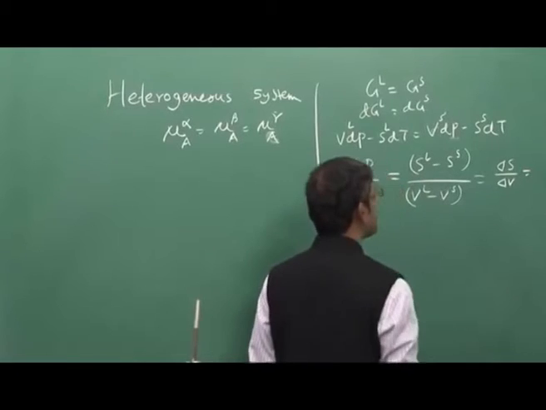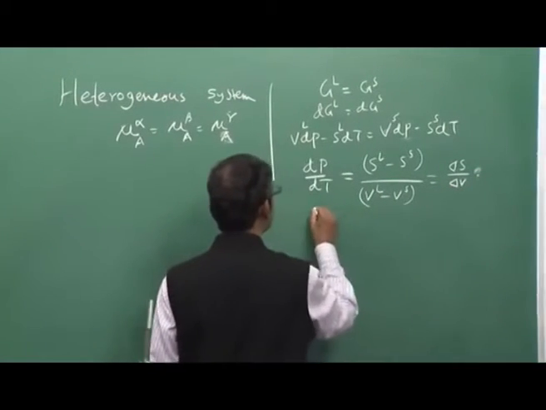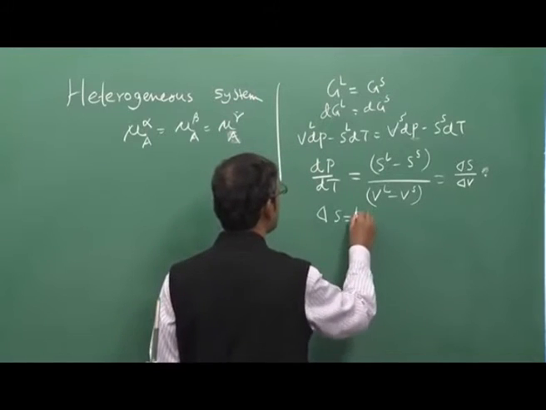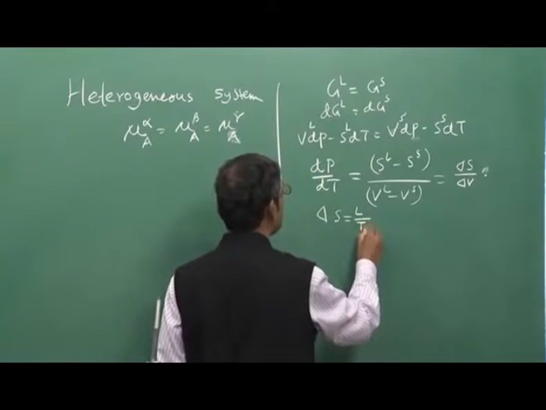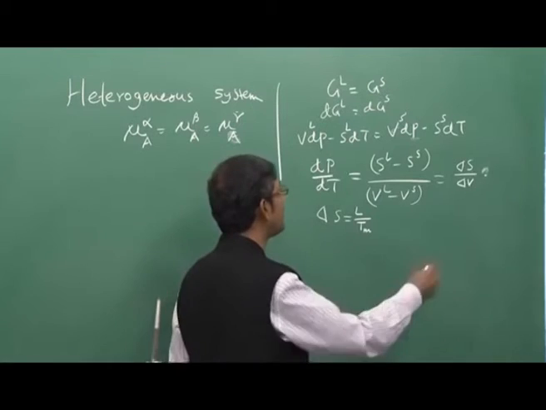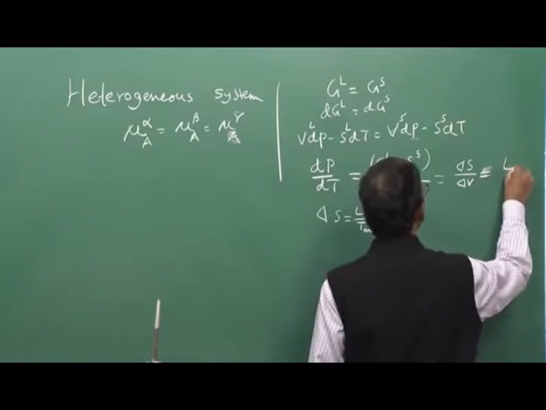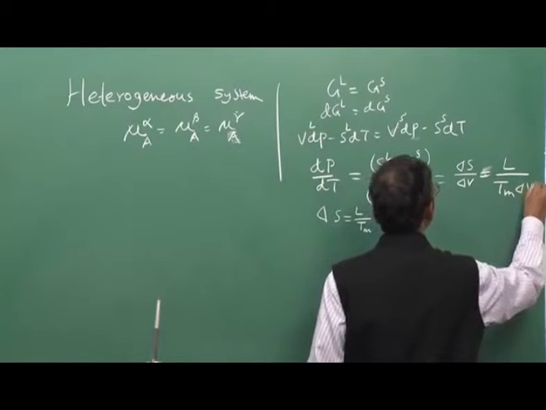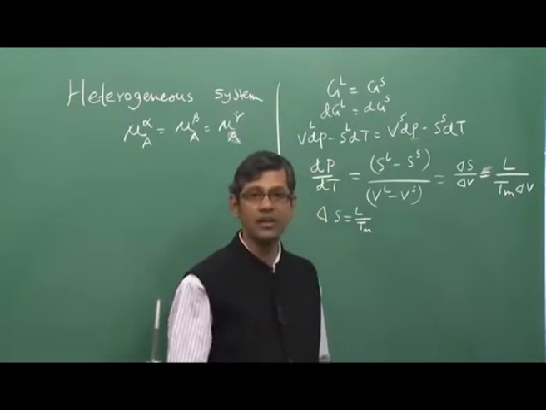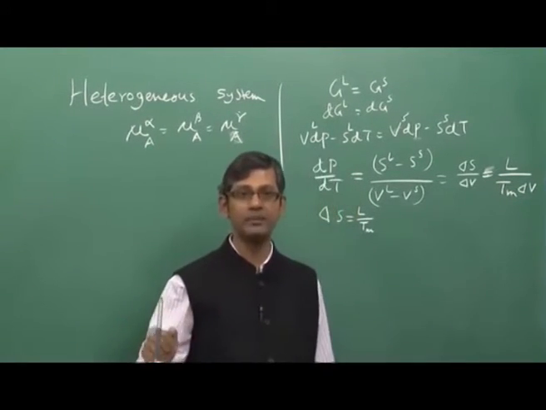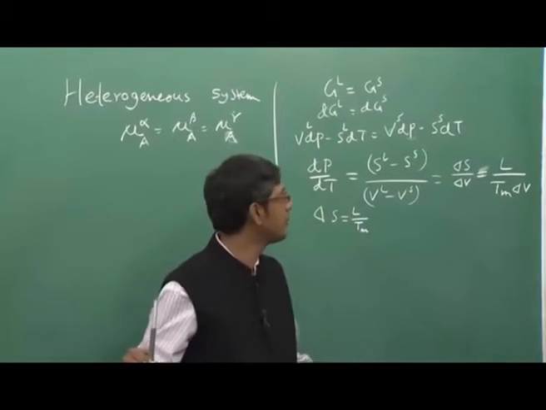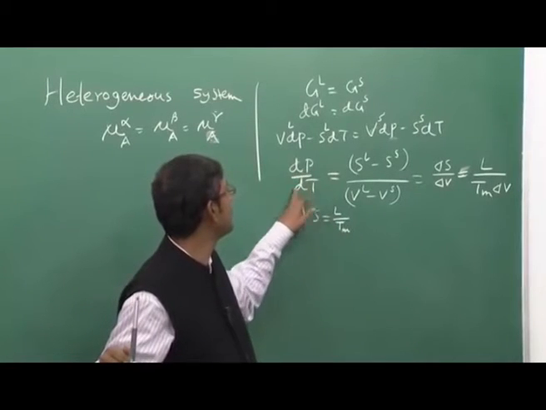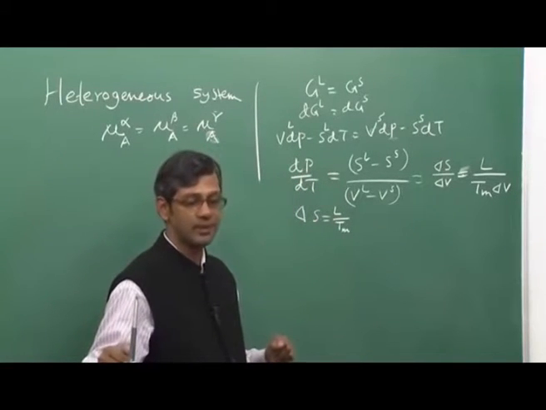Now delta S can also be written as entropy of fusion, which is equal to latent heat divided by melting temperature. So this is equal to L, latent heat, divided by Tm into delta V. Latent heat cannot be negative, Tm cannot be negative because these are absolute values. So therefore delta V is negative in the ice water system, and that is why there is a negative sign, correct.